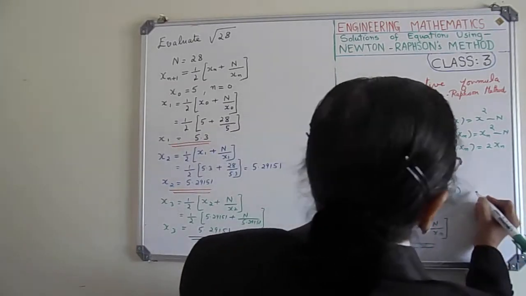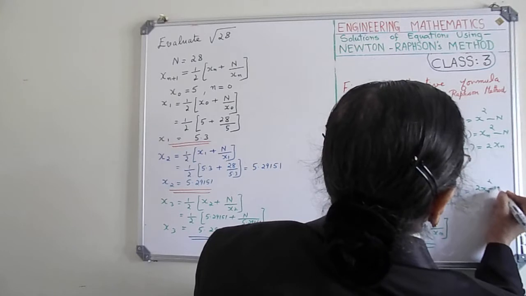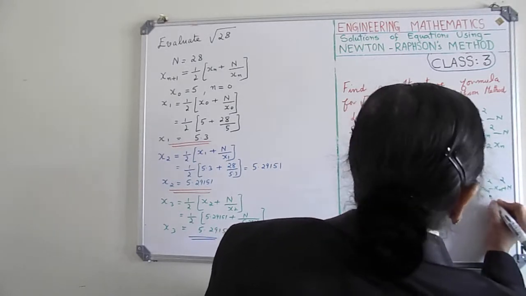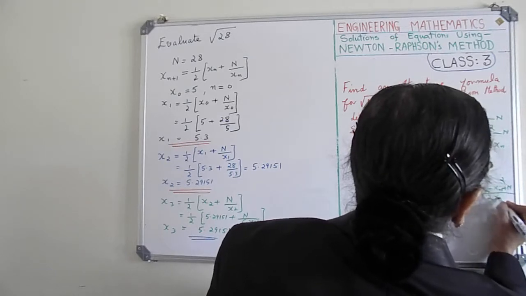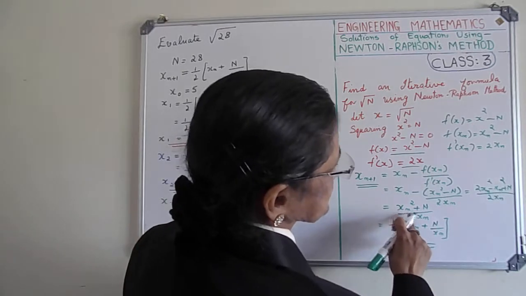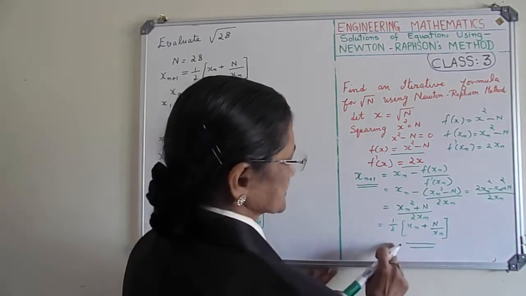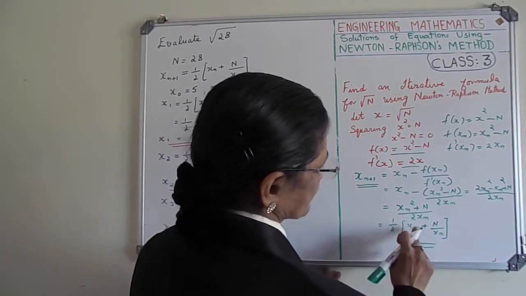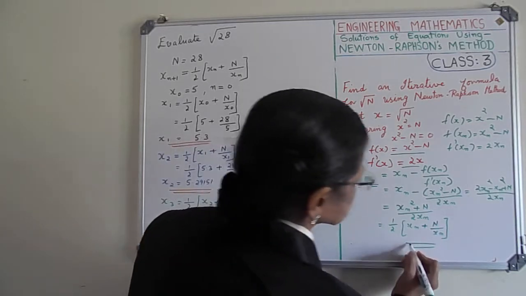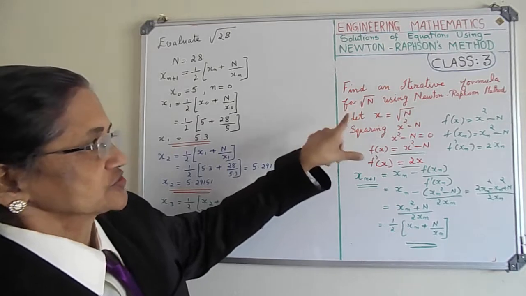Simplifying this, we get (2 times xn square minus xn square plus n) upon 2 times xn, which is (xn square plus n) upon 2xn. Now we can take half outside: half times (xn plus n upon xn). This is the iterative formula to find the square root of a number.